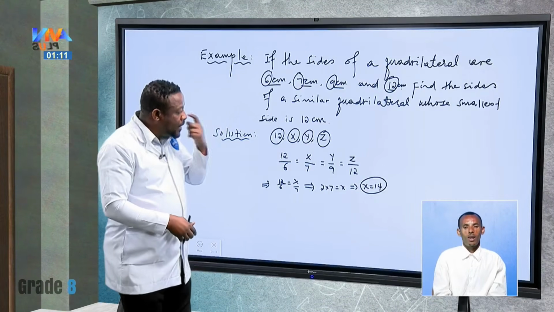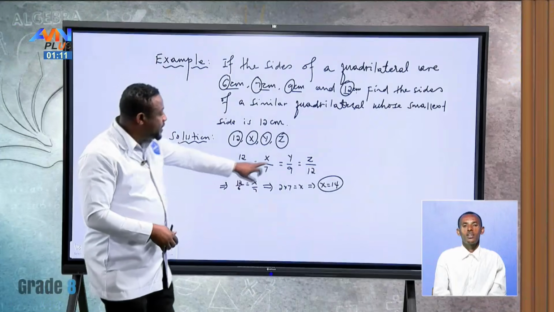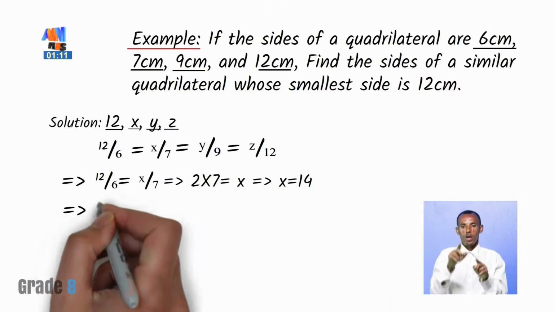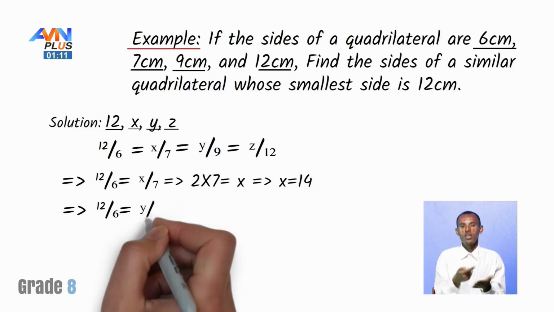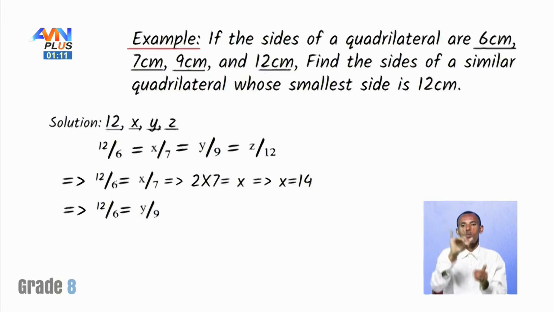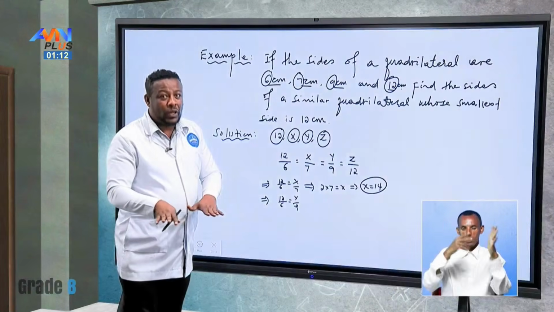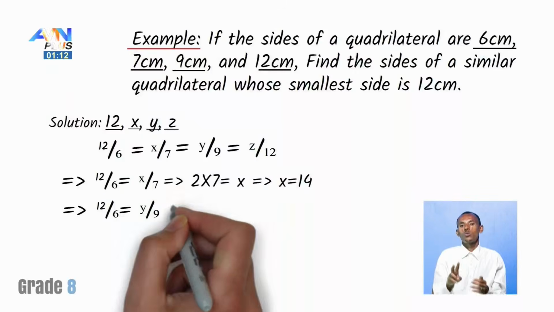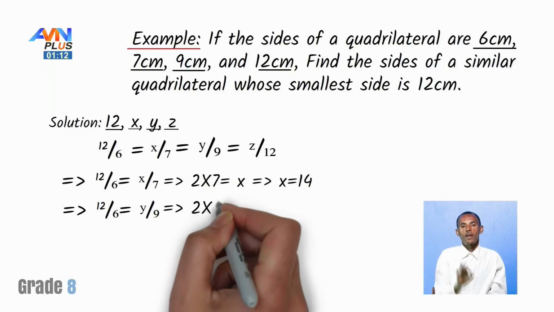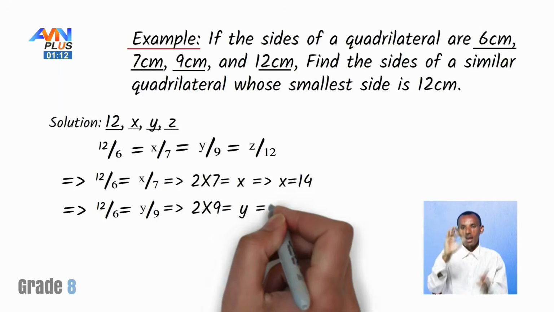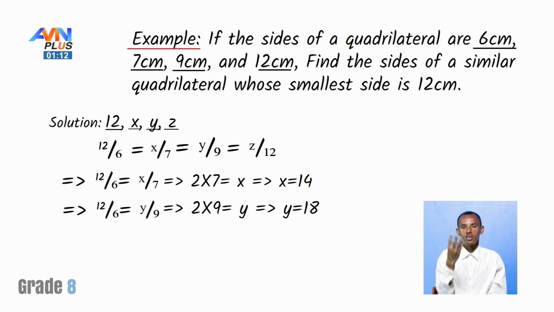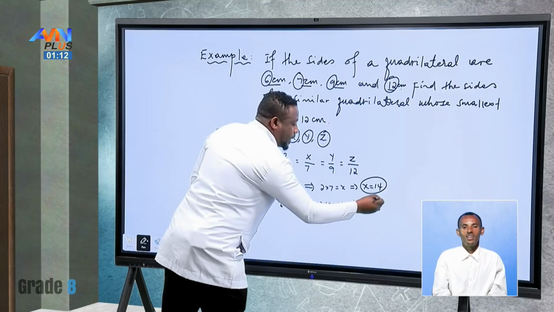So let's take 12 over 6 and y over 9. So whenever you take this, 12 over 6 is equal to y over 9. Since 12 over 6 is 2, you can make it 2. 2 is equal to y over 9 and crisscross it. So 2 times 9 is equal to y. So y becomes 18. So the second variable is known.